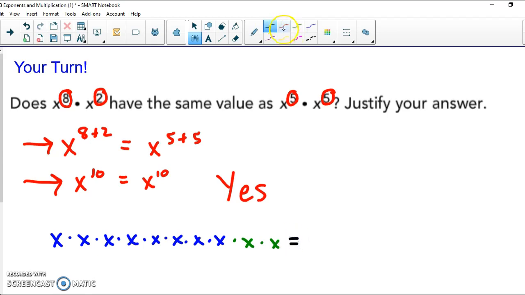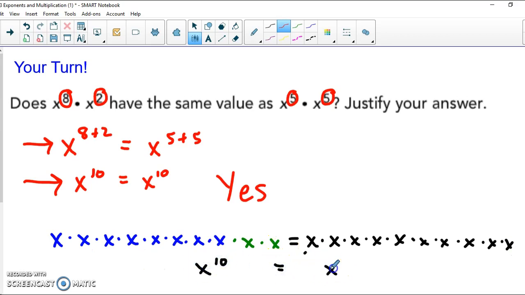And then I could do the same thing over here with x to the 5th. There's x to the 5th times another x to the 5th. And I could count all those out and see that I really have x to the 10th equals x to the 10th.